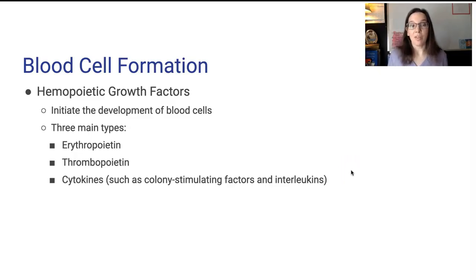We should be able to tell that that's going to stimulate erythrocytes or red blood cells. Thrombopoietin, remember that platelets are sometimes called thrombocytes, so that's going to stimulate the platelet formation. And then cytokines, we have two kinds, colony stimulating factors and interleukins. And these are going to help develop all the white blood cells.